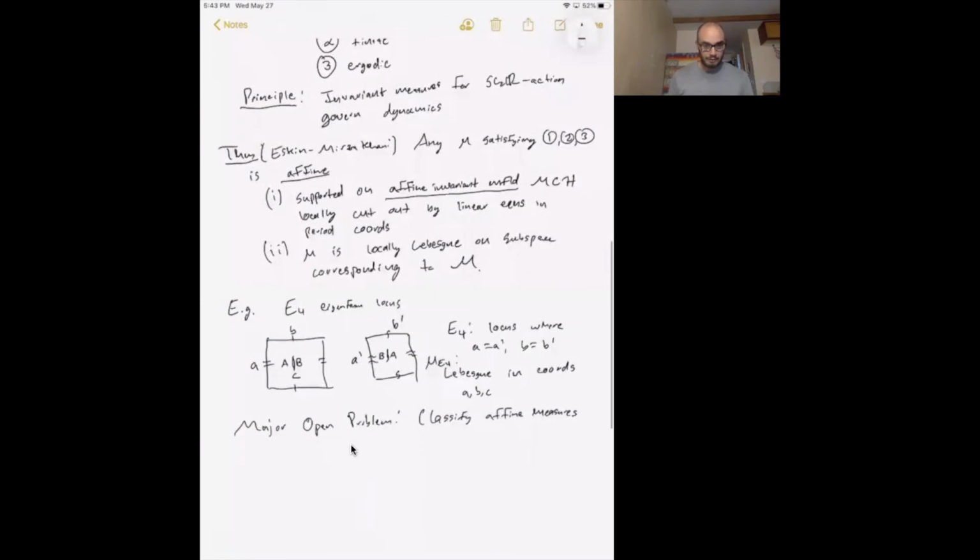I'm going to talk about something a little bit different, which is how does mu relate to the geometry of the underlying surfaces? So mu is this affine measure.